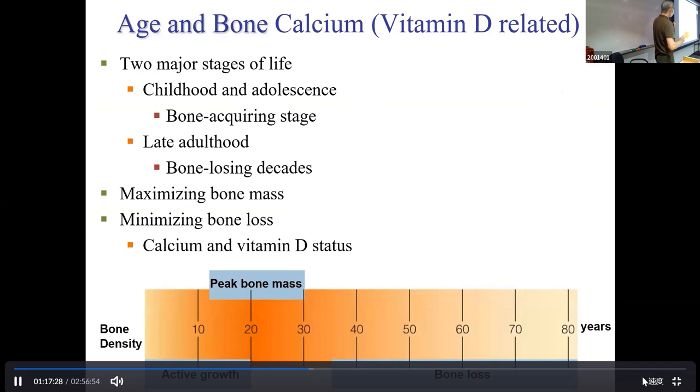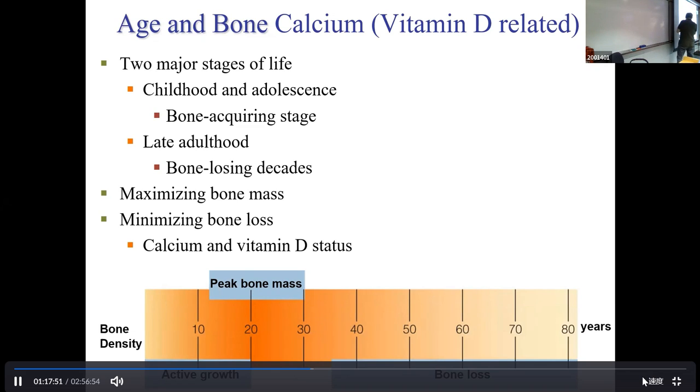Now let's look at age and bone calcium. Of course, we are going into the osteoporosis part, and we will go through it rather quickly because I'm sure you have that information in your previous nutrition course.